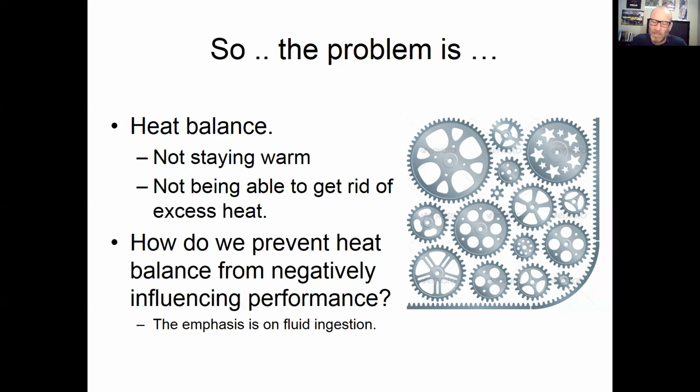We don't go around saying that dehydration is the problem. We say rising core temperature is the problem, and we need to stay cool. So we're not staying warm in a cold environment or not being able to get rid of excess heat in a hot environment. That's really what I'm focusing on. All right, so how do we prevent heat balance from negatively influencing performance? The emphasis in the next section is on fluid ingestion.